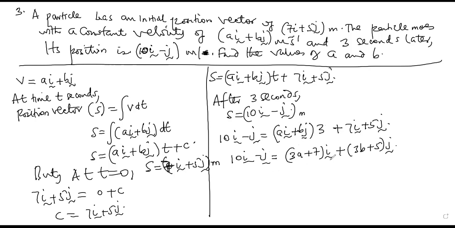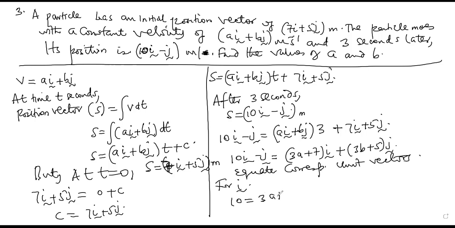So to get the values of a and b, we can equate corresponding unit vectors. So for i, this side we have 10, the corresponding unit is 10, this side for i we have 3a plus 7.